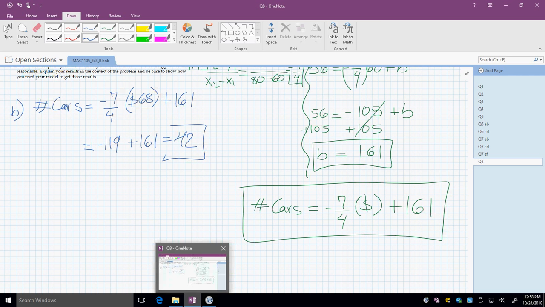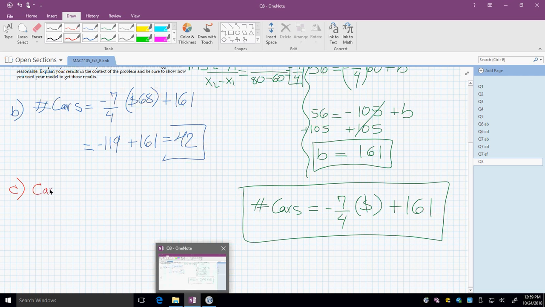Letter C, we can do the rest. Is the rate of $100 per day reasonable? Use your model to determine if the rate is reasonable. Explain the results in the context of the problem and be sure to show how you used your model to get those results.